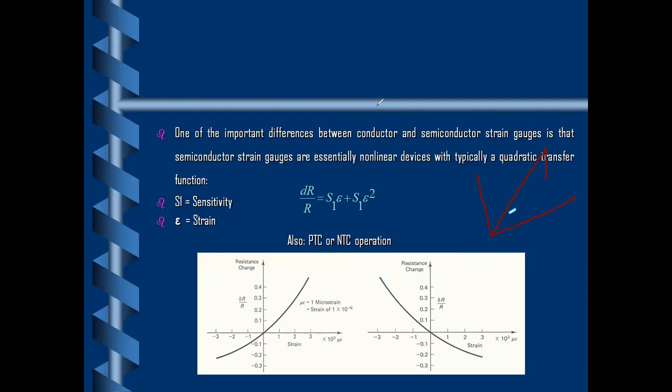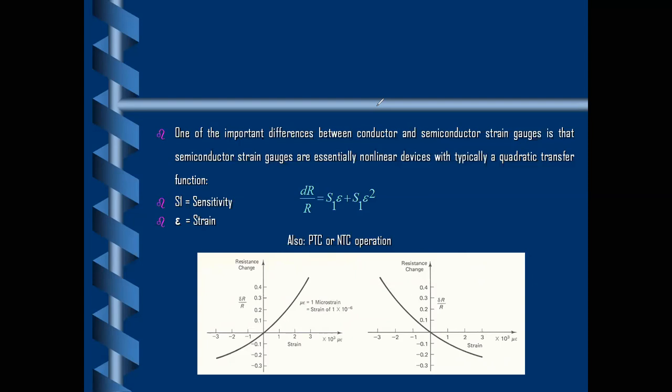So what is the property of the semiconductor strain gauge? It is non-linear, with a typically quadratic transfer function. So dR by R is given as S1 epsilon plus S2 epsilon square.